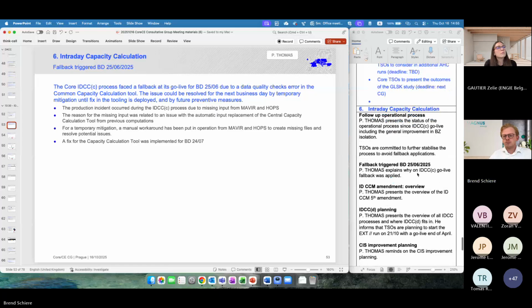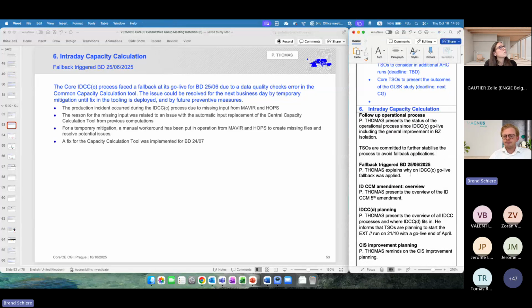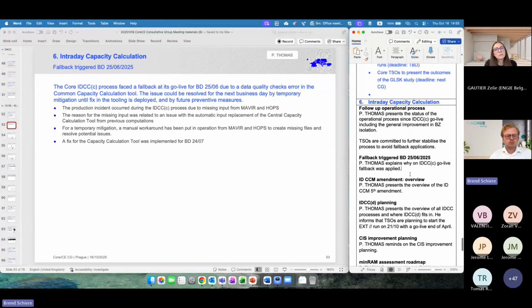Yes. As an example of the different issues that could occur during operation, there was some input from 2 TSOs missing. Normally, for this situation, we have a replacement strategy in place, which means we cannot use the intended input, but there's some fallback input that could be used.